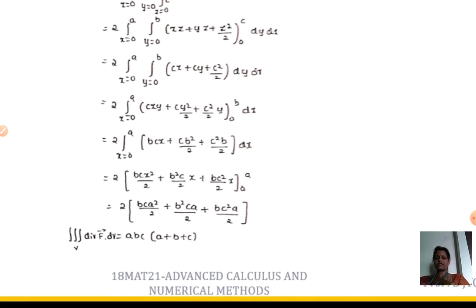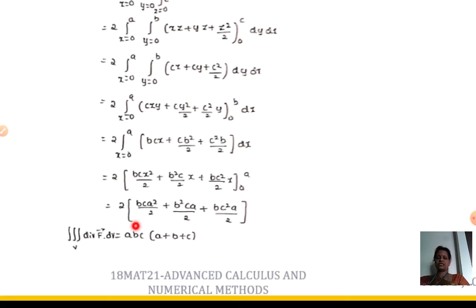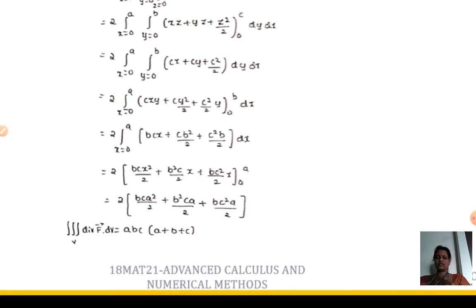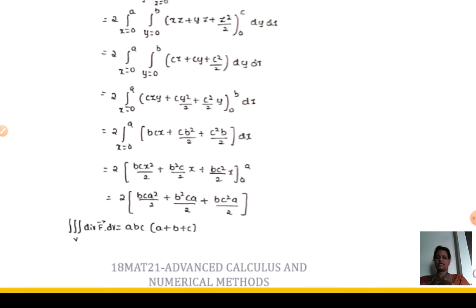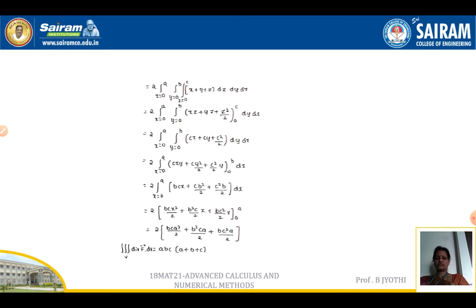So this is the final thing, that is abc, with 2 as the denominator. You can take abc outside from all the three terms, then we get a plus b plus c. So this is the integral we are getting.